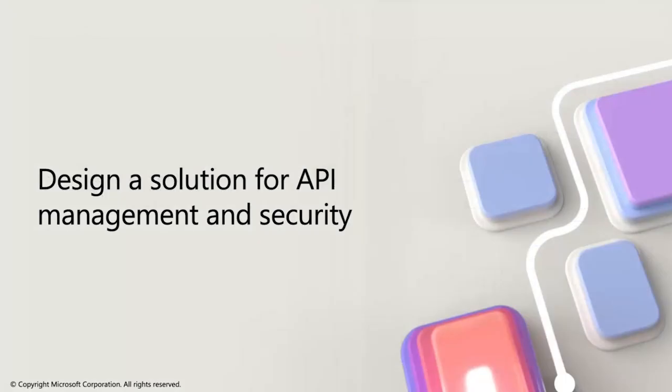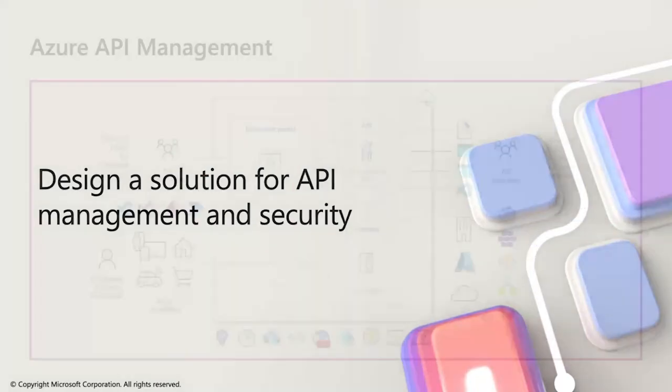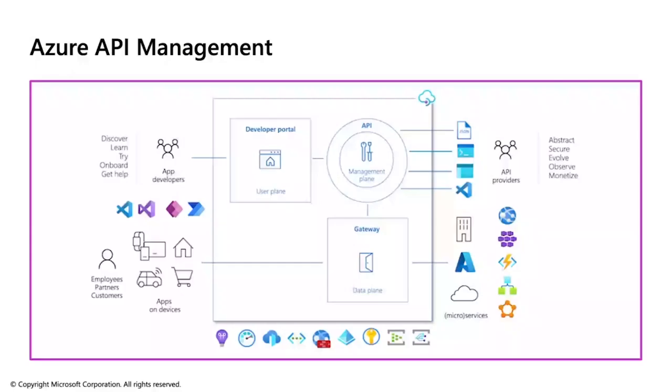Now, what next do we have in this? Let's see. When we design a solution for API management and security, in Azure API Management we mainly have three components: a gateway, the management plane, and the user plane, or you can say the developer portal.